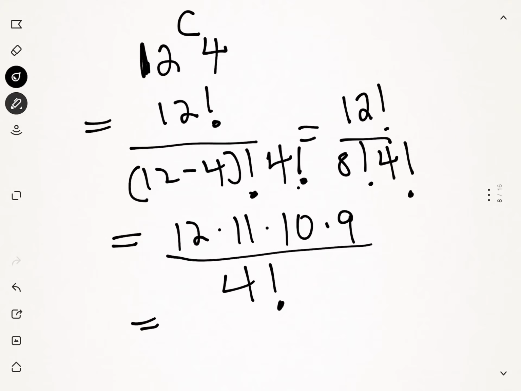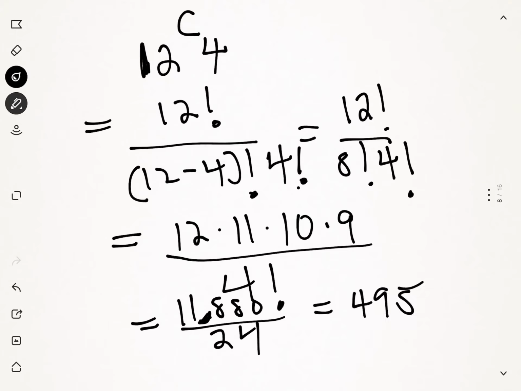And our final answer will be 11,880 divided by 24 equals 495. So there are 495 ways of choosing a subcommittee of 4 people from among the 12. Okay?